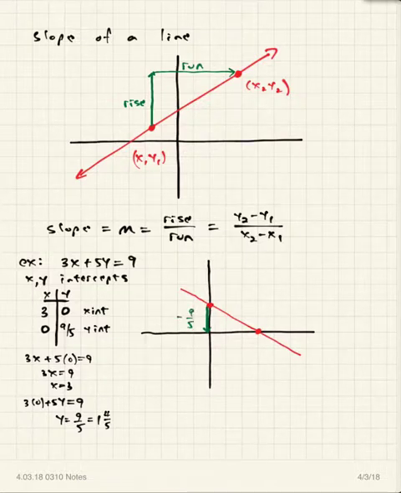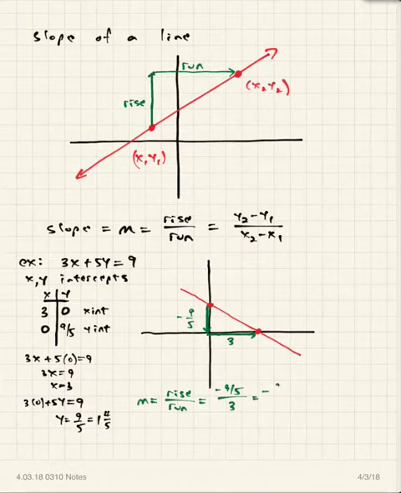You're dropping negative 9/5, and the run is this distance right here, which is 3. And so if you're thinking about the slope as rise over run, you're simply getting negative 9/5 divided by 3. Or that's negative 9/5 times 1 over 3, right? Dividing by 3 is the same thing as multiplying by 1/3.